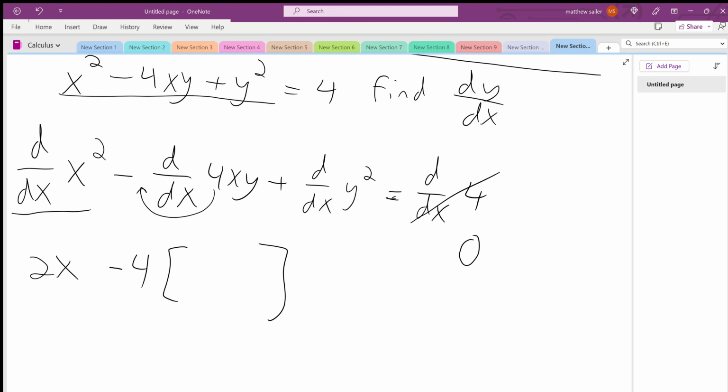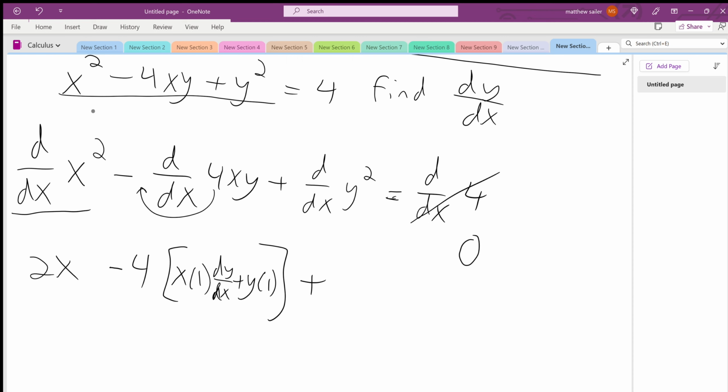So here we have the derivative of x times y: the first, so x, times the derivative of the second, so y. The derivative of the second is 1 times dy dx, because y is a function of x, plus the second times the derivative of the first.